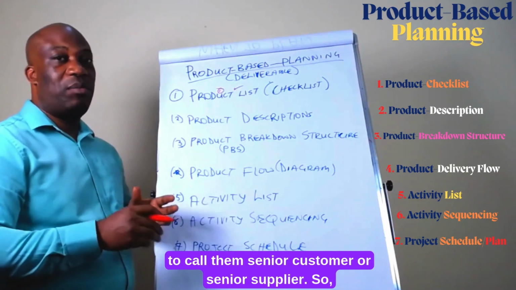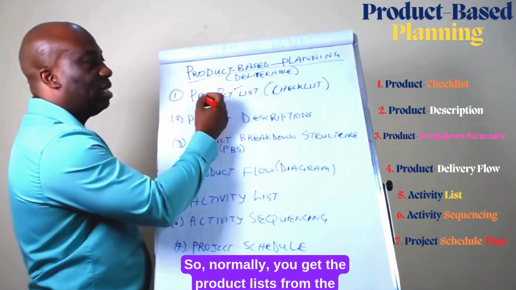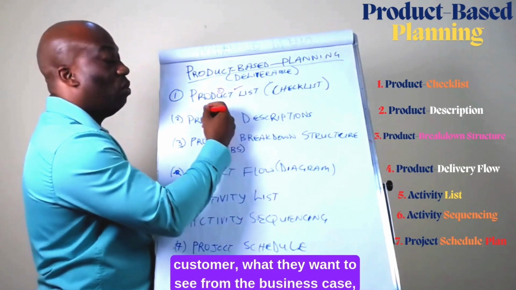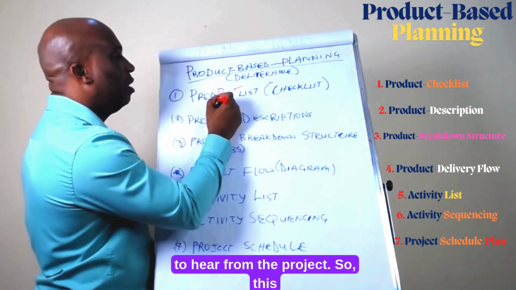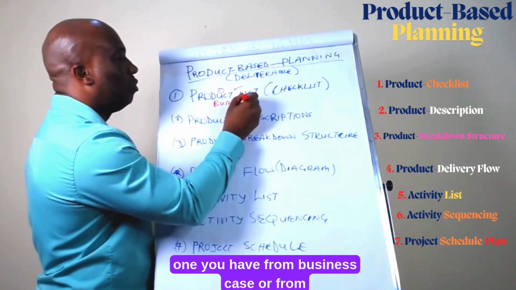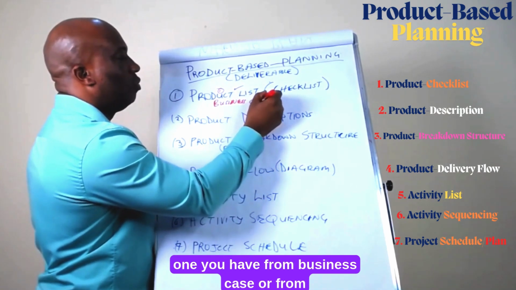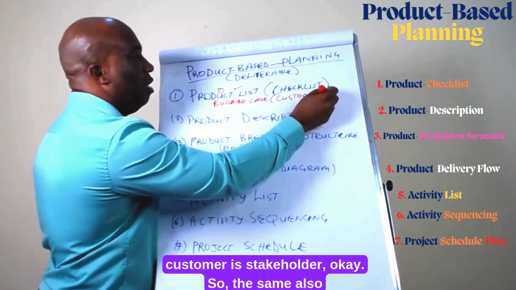You might want to call them senior customer or senior supplier. So normally you get the product lists from the customer, what they want to see, from the business case, what they want from the project. So this one you have from business case, or from customer, stakeholder. Remember, customer is a stakeholder.